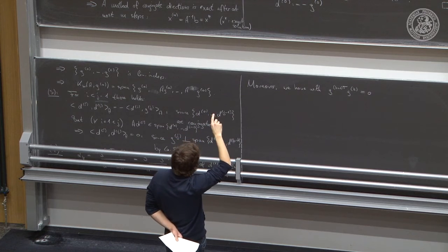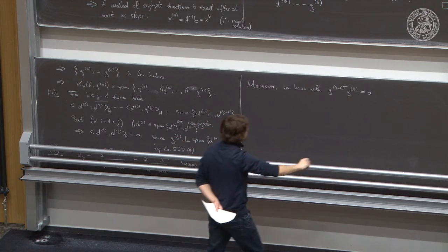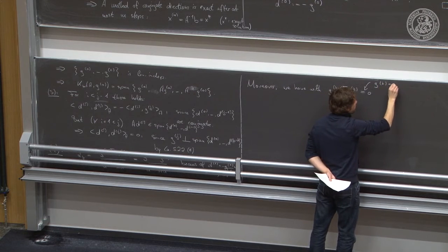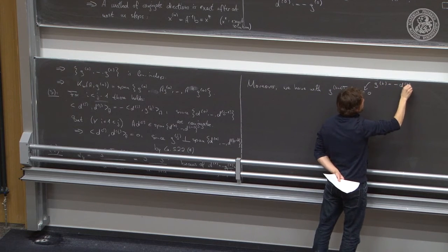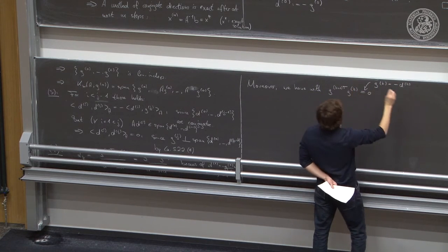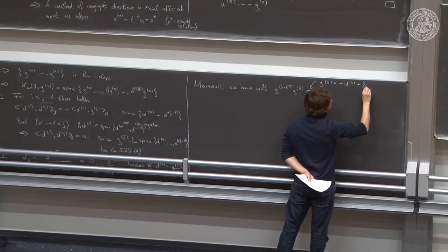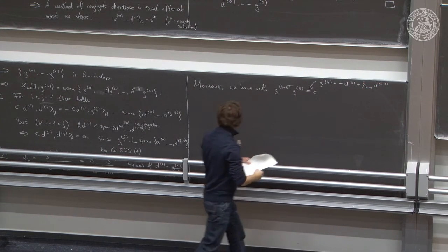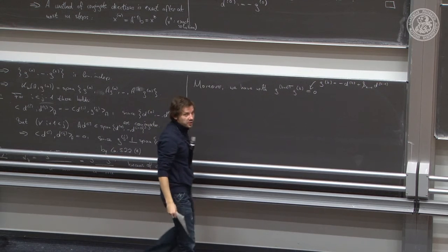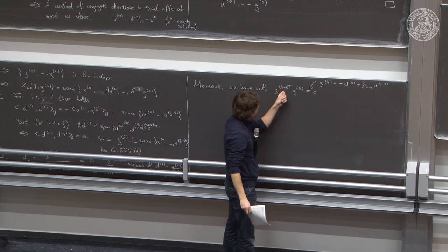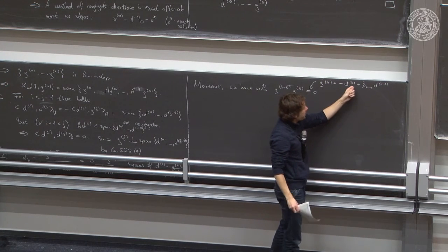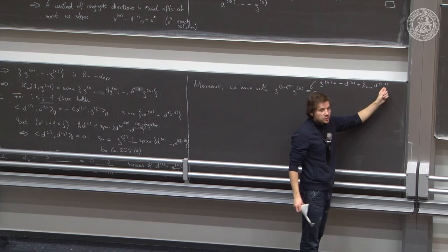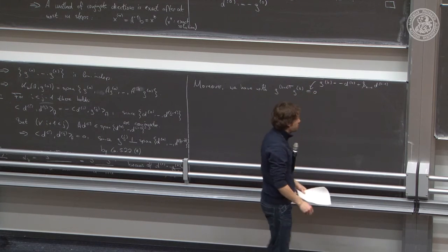d_{k-1}. Maybe I write it down here. So g_k is nothing but minus d_k plus beta_{k-1} d_{k-1}. And again, by our formula star, g_{k+1} transpose d_k is equal to 0, and g_{k+1} transpose d_{k-1} equals again 0.